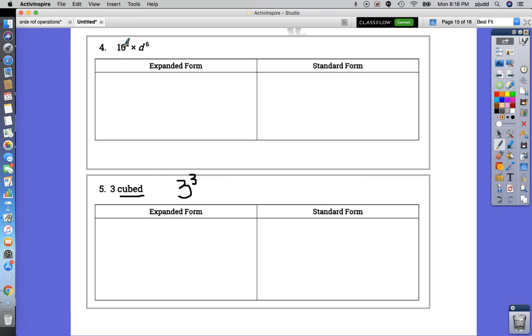Okay, here we go. 10 to the second power. That means I'm going to multiply 10 times 10. 10 is the base. The exponent 2 tells you how many times you multiply 10 by itself. And d to the sixth power. There's 1, 2, 3, 4, 5, and 6.